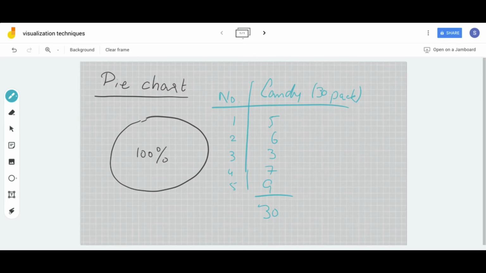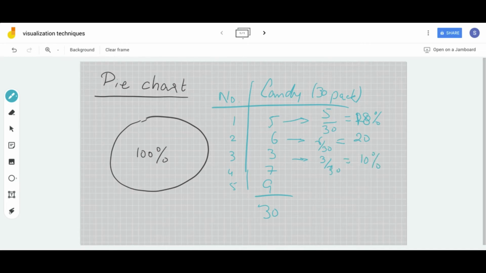So what this would basically mean then is that student one got 5 out of 30, so that's about 20%. Student two got 6 out of 30, so that's, sorry, this is less than 20%. This is going to be around 18%, but whatever that percentage is, this is going to be 3 out of 30, so that's 10%.